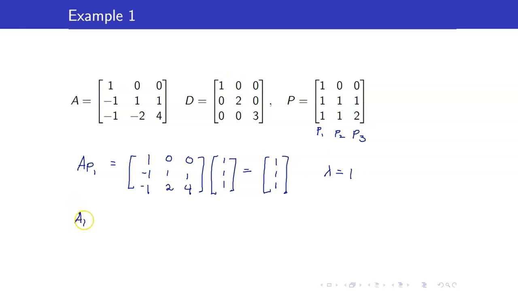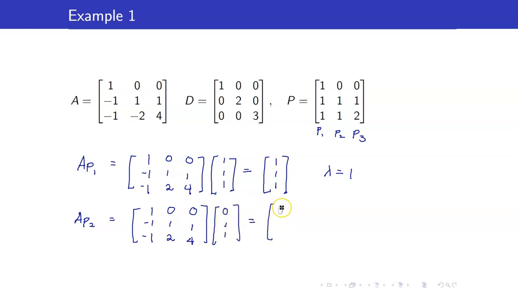If we compute AP2, we will get 2 times P2, and that is because (0, 1, 1), P2, is an eigenvector corresponding to your eigenvalue 2.